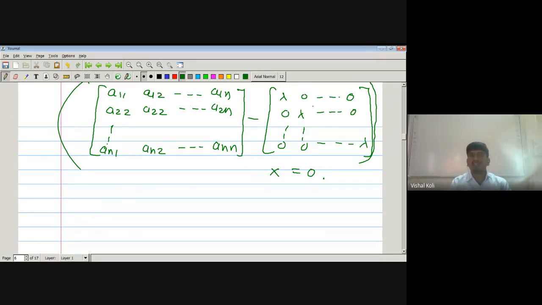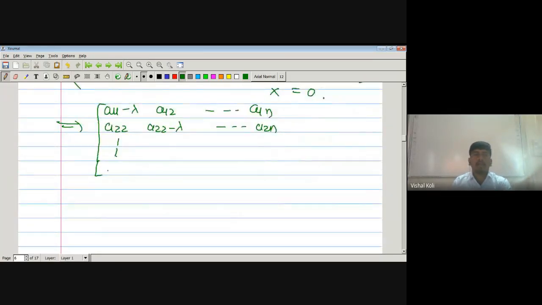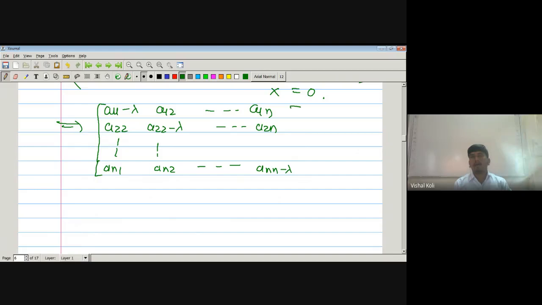As here the non-zero entries on the diagonal line are only in the second matrix, this is nothing but the matrix with entries a11 minus lambda, a12 minus 0, up to a1n, second row a21, a22 minus lambda, up to a2n, and last row an1, an2 and so on up to ann minus lambda, into x.